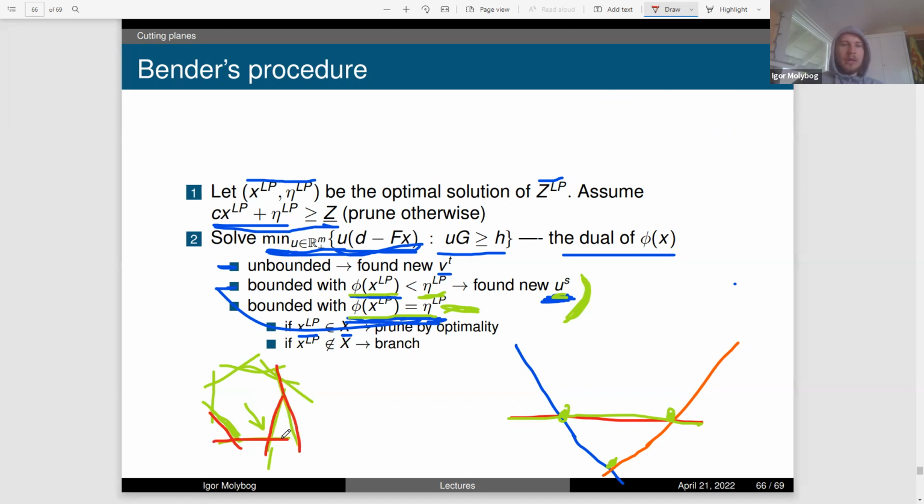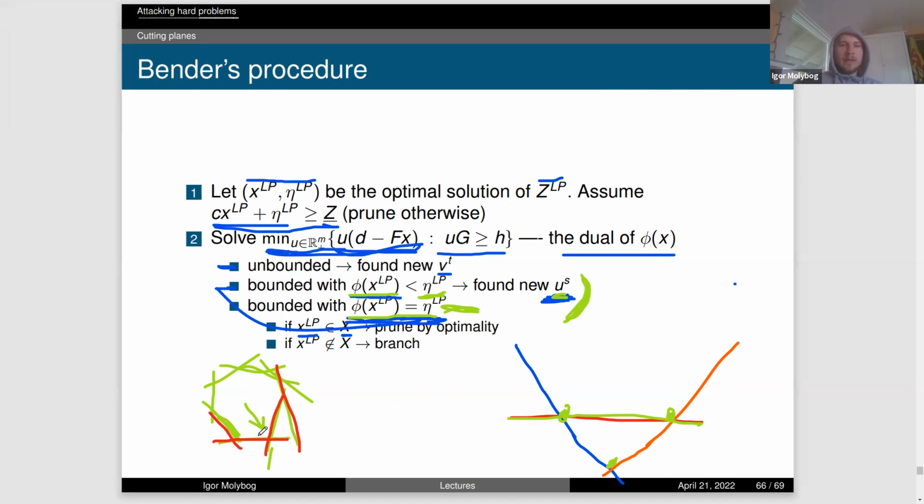And even though it's not all of the inequalities that you would need to discover, it's still enough for you to completely describe the set in this direction, with respect to the particular direction in which you are trying to move because of your objective function. This is basically the thing that is being exploited in Benders' procedure, and actually many other procedures too.